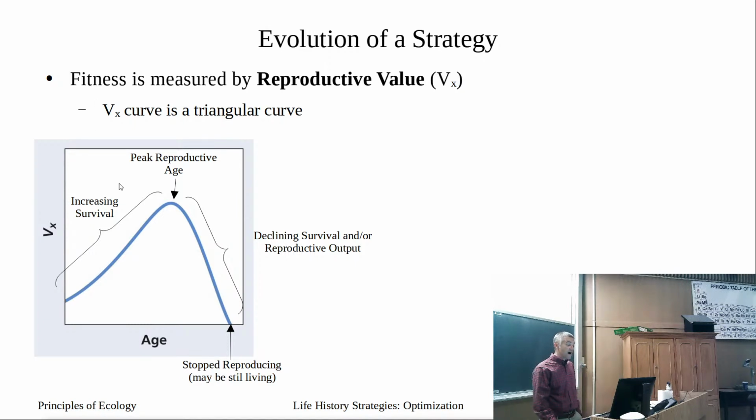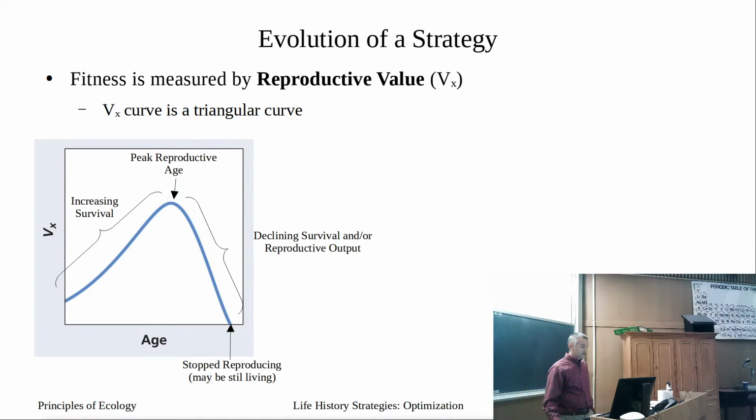So we've survived to reproductive age. Now we can reproduce and we can make contributions to the next generation. That's our peak reproductive age. We increase to it because as we age and as we survive, we are getting closer and closer to that peak reproductive age, which means our reproductive value is going up.